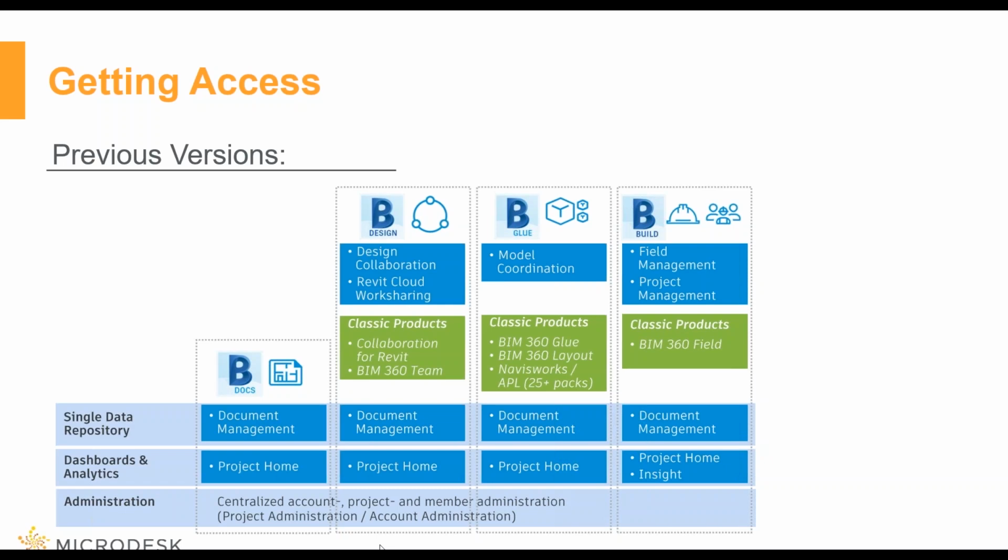BIM360 Design currently only works with Revit 2018.3 and newer. If you are on 2018.2 and older, that would have to live on Collaboration for Revit using BIM360 Team as its backend. It's a little bit different, doesn't have the same features, but it still does allow you to do the cloud collaboration. BIM360 Design is definitely a next gen to that, with all the additional controls and features that it's adding.